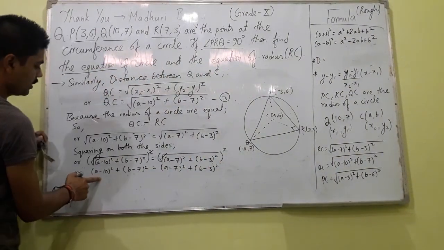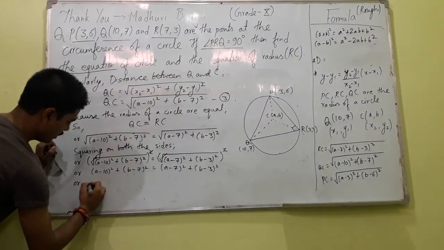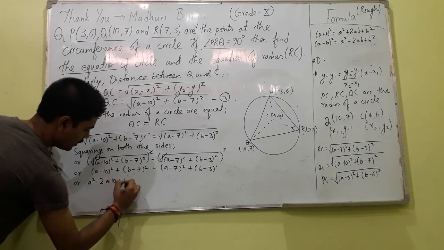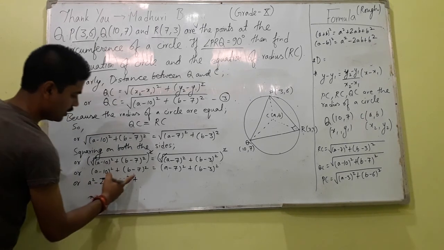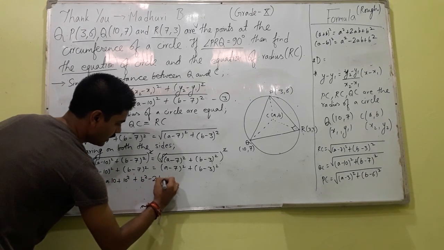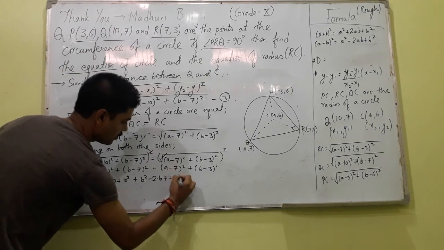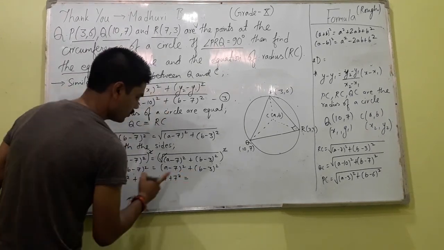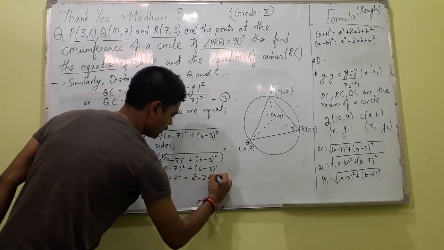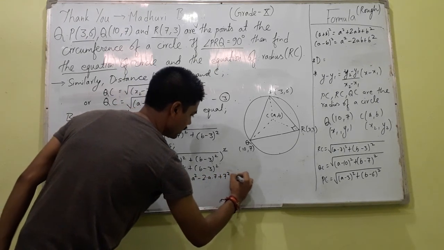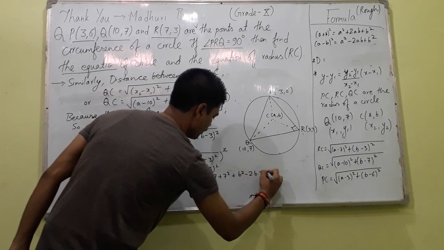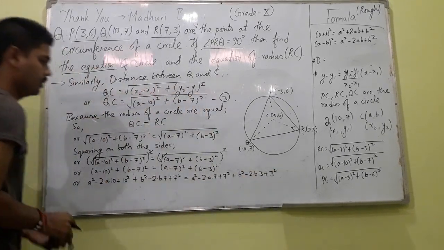So you can compare this with that formula, then you will get A square minus 2AB plus B square. Similarly this one, A square minus 2AB plus B square, and equals, this term now, A square minus 2AB plus B square, and A square minus 2AB plus B square.